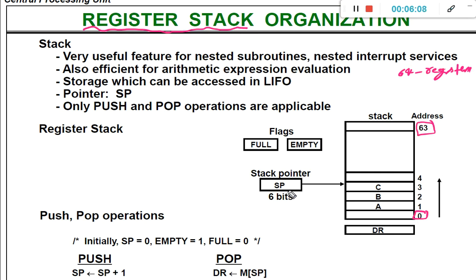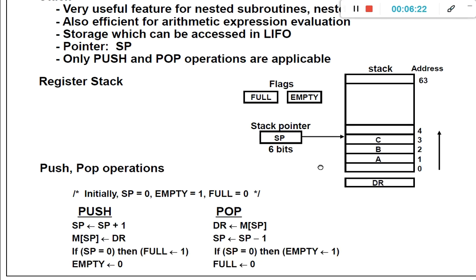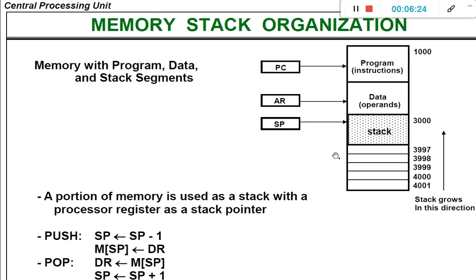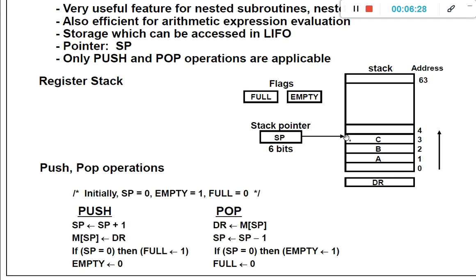And as usual, there is a stack pointer. Now let us see how items are inserted and deleted in the stack. The insertion operation is called push and the deletion operation is called pop.